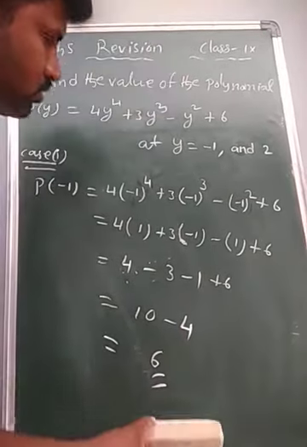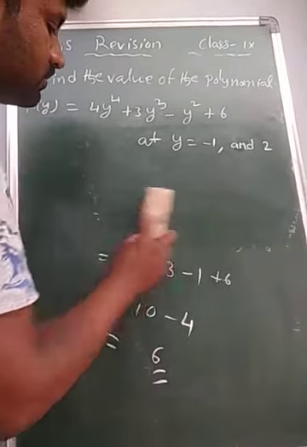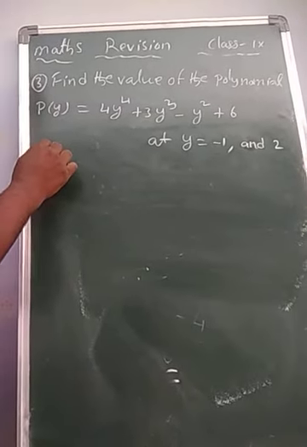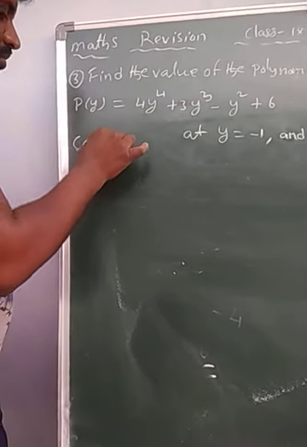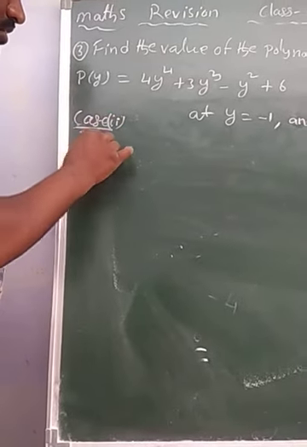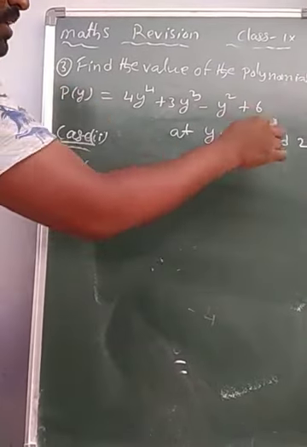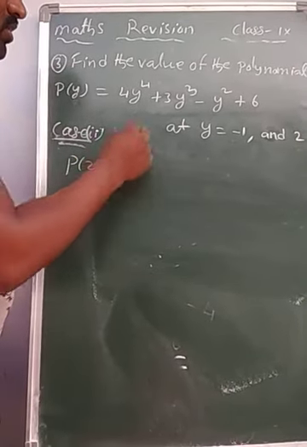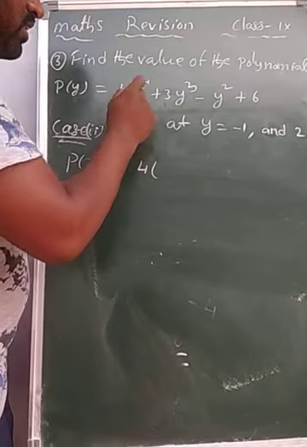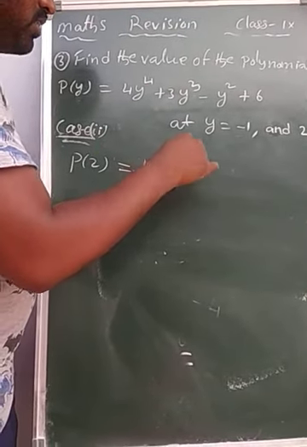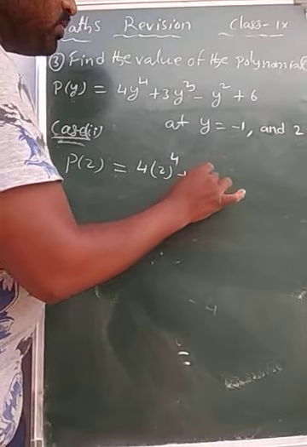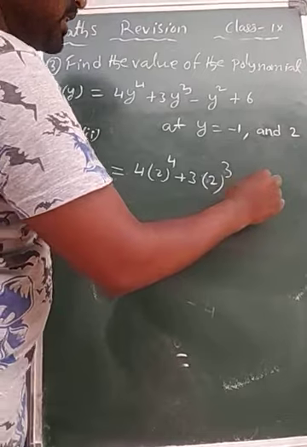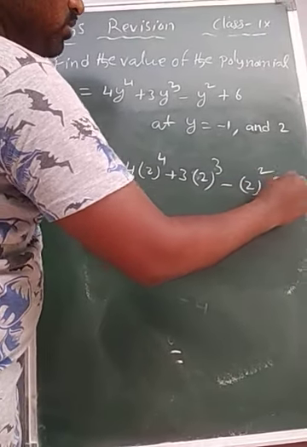Now see in case 2 what we get. P of y, this time you are going to substitute the value 2, that is equal to 4 y power 4, that means 2 power 4, plus 3 y cube, the value of y is 2 this time, so 2 power 3, minus 2 power 2, plus 6.